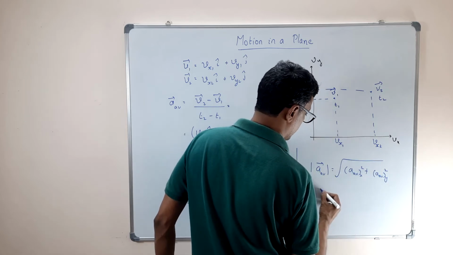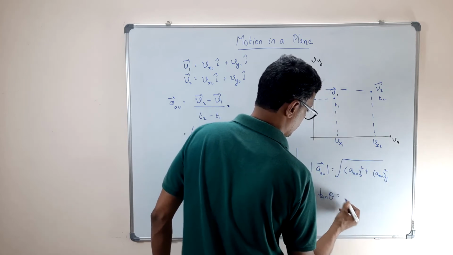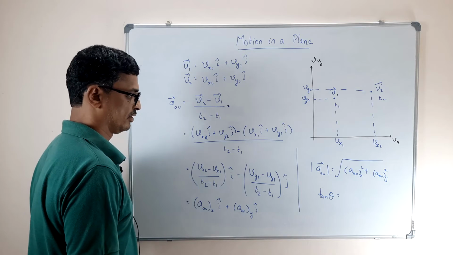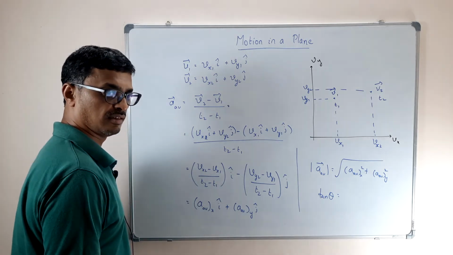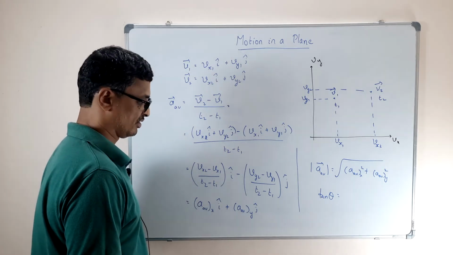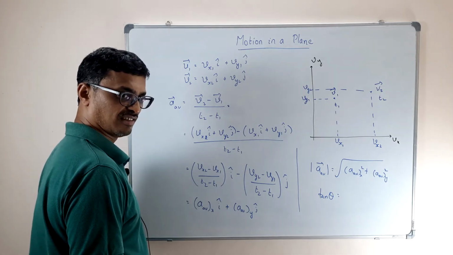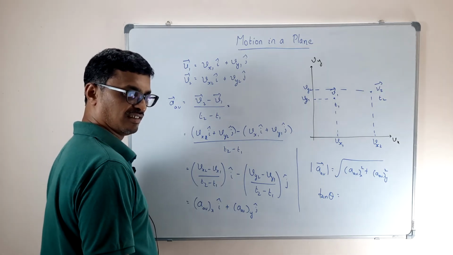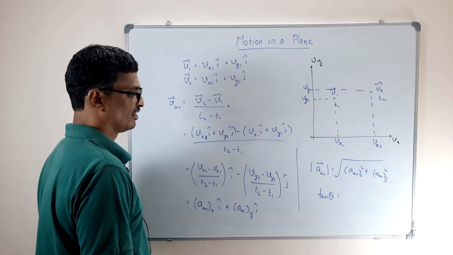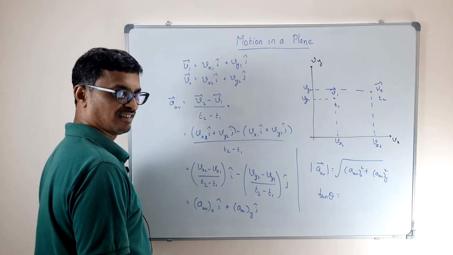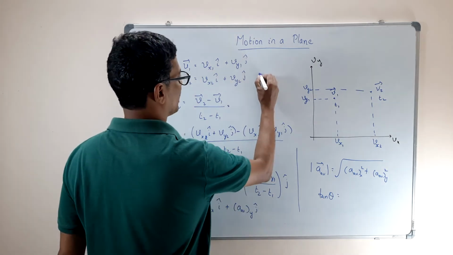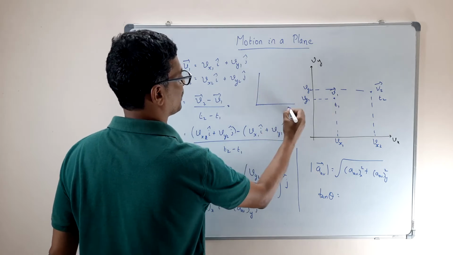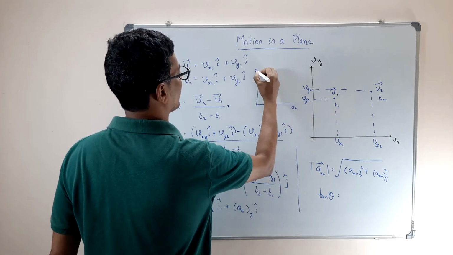And the angle should be tan theta equals a average y by a average x. Just plot it now. Your acceleration, you write it as ax, ay.